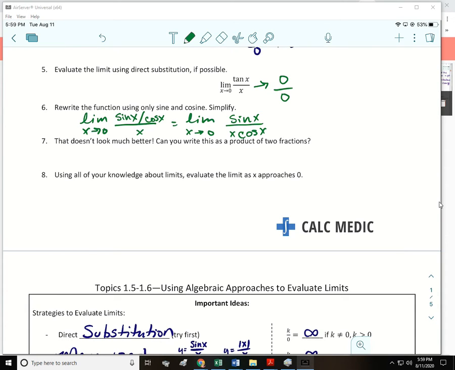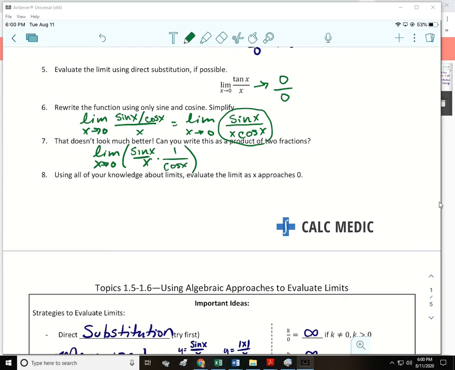So when I write it as the product of 2 fractions, that is definitely going to be one of my fractions, sine of x over x. And you have to think about what you would multiply that by to get this, and that's going to be 1 over cosine of x. Okay. And then 8 asks you to use your knowledge about limits to evaluate the limit as x approaches 0.